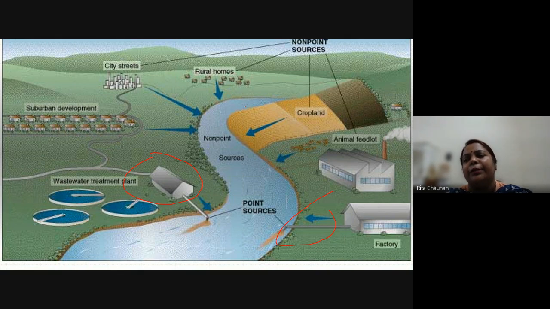For example, if we have put a fertilizer or pesticide on a crop, then the excess water will run off and come down into the water body. So can we control this pollution? No, we cannot control this pollution.